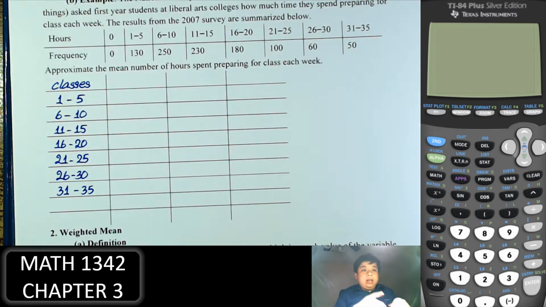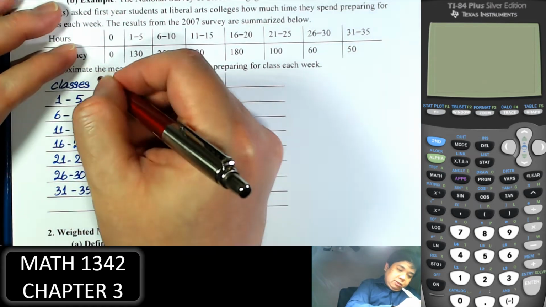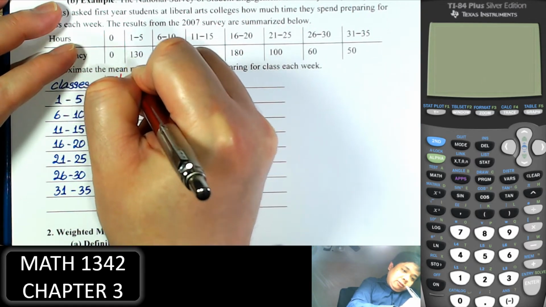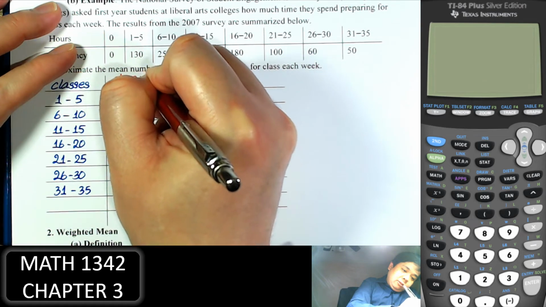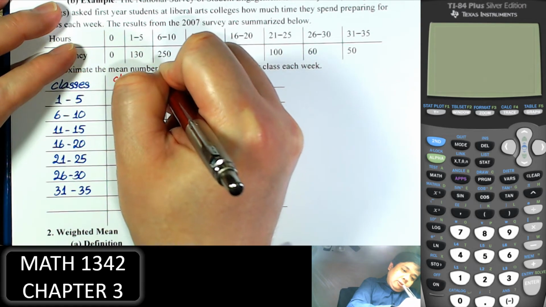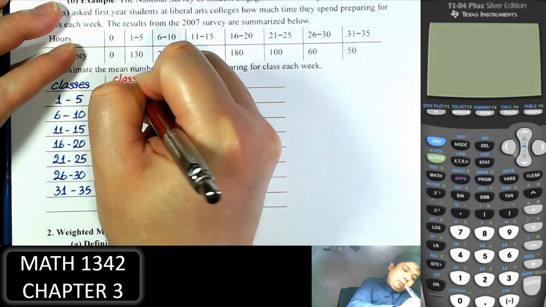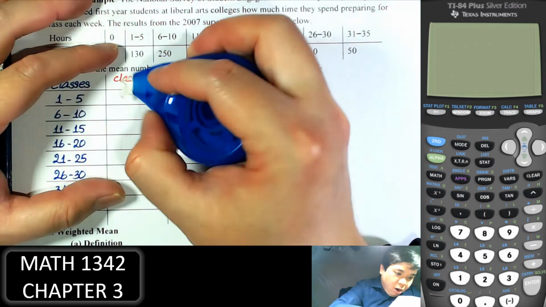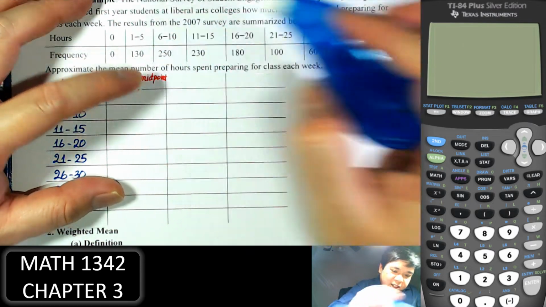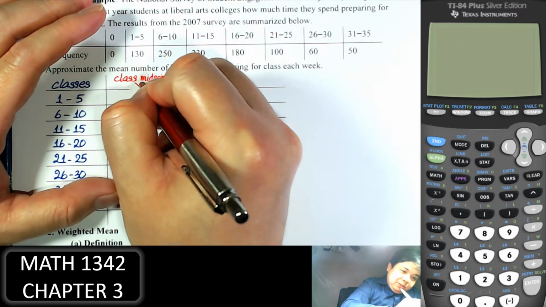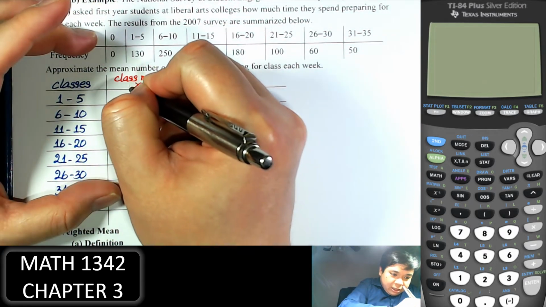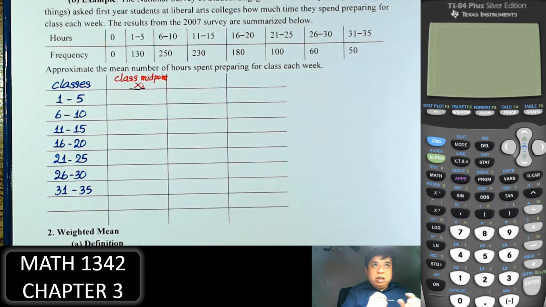Now next we need to find the class midpoint, just the xi, without the bar on top. For each class, we use the class midpoint to represent the class.